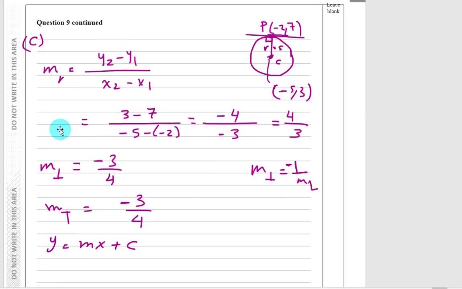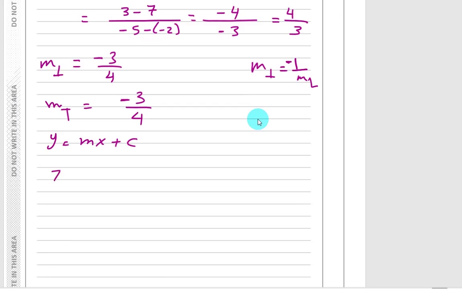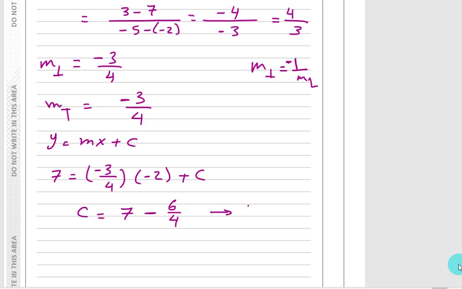Now when y is equal to 7, x equals minus 2, so 7 will equal minus 3 over 4 times minus 2 plus c. So c will equal 7 minus 6 divided by 4. So it equals 11 over 2. So from here c is equal to 11 over 2.